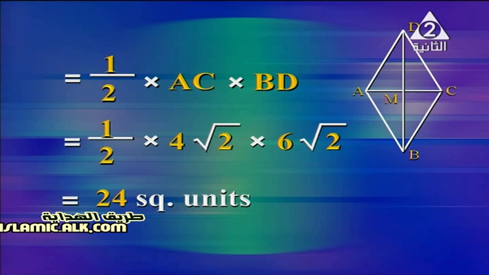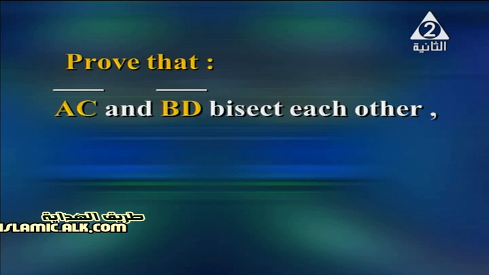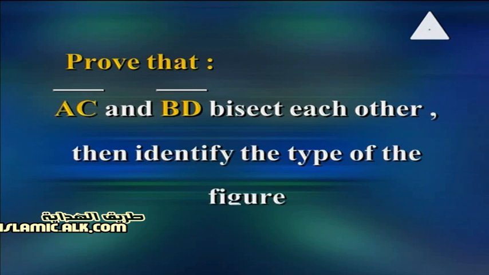Another example, if A(-1, -1), B(2, 3), C(6, 0), D(3, -4) are 4 points in the perpendicular coordinate plane. Prove that AC and BD bisect each other, then identify the type of the figure.